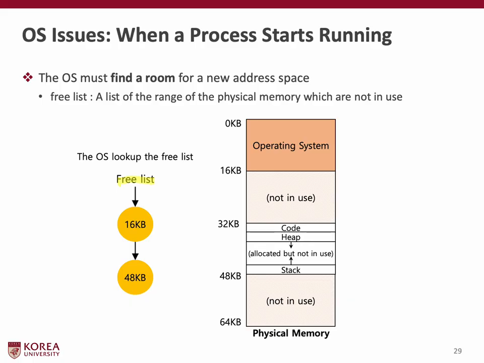For example, the first node here represents free space that starts at 16 kilobyte, and the second node represents another free space that starts at 48 kilobyte. So when a new process is created, the OS simply looks up the free list to decide where in physical memory it can place the process.